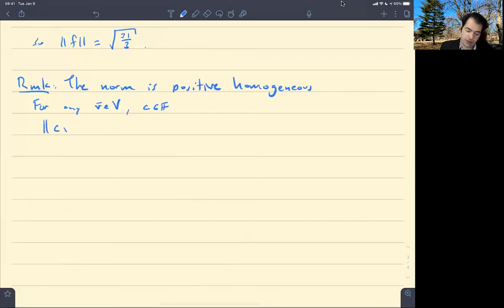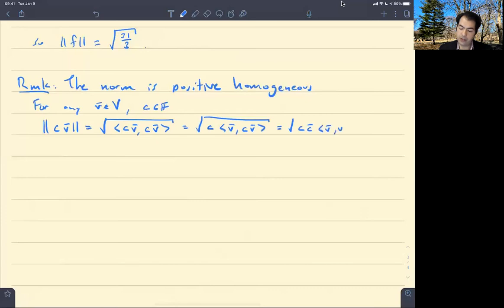the norm of c times v, by definition, is the square root of the inner product of c times v with c times v. Because the inner product is linear in the first entry, I can pull out a c from the first entry. And because it is conjugate linear in the second entry, I can pull out a c bar from the second entry. Then c times c bar is just the modulus of c squared.